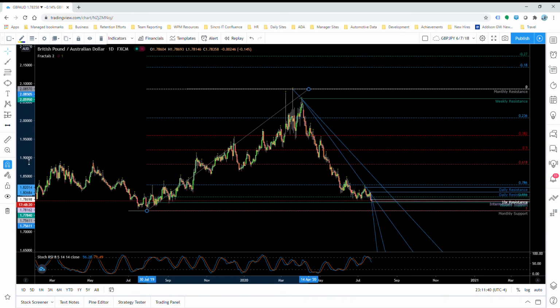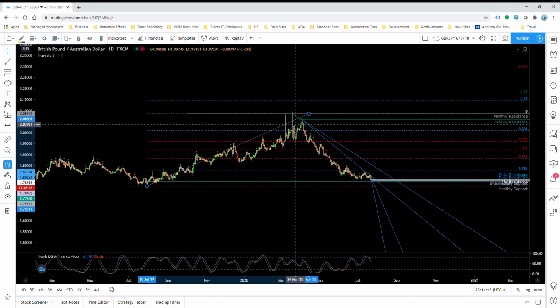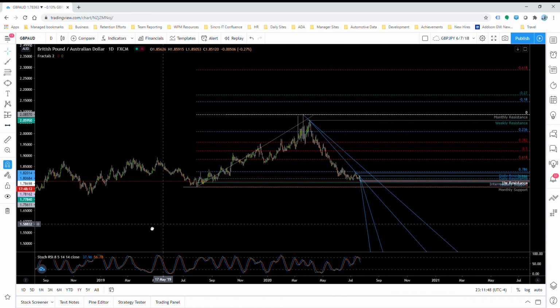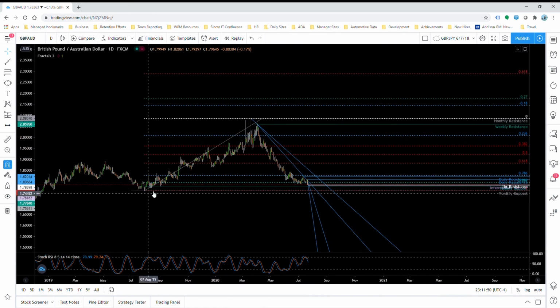And so what this tells us is where it's going to go for our extensions, right? So we have an A point here, a B point here, and this pullback is your C. And that C, wherever that C ends, tells us where price is going to end up.